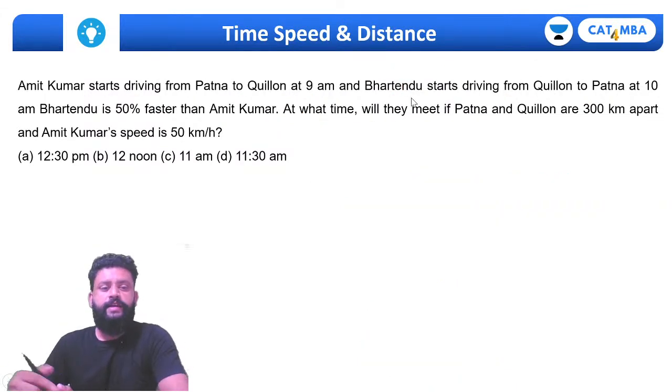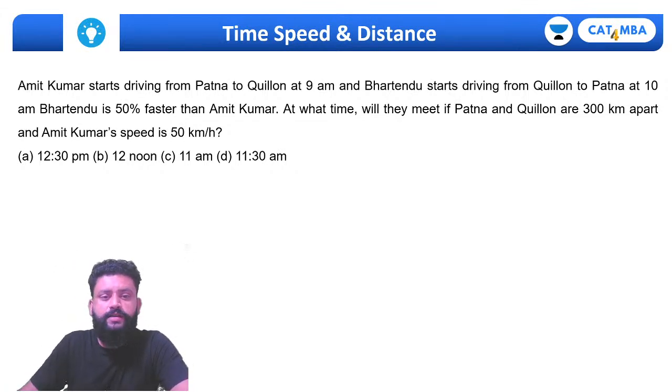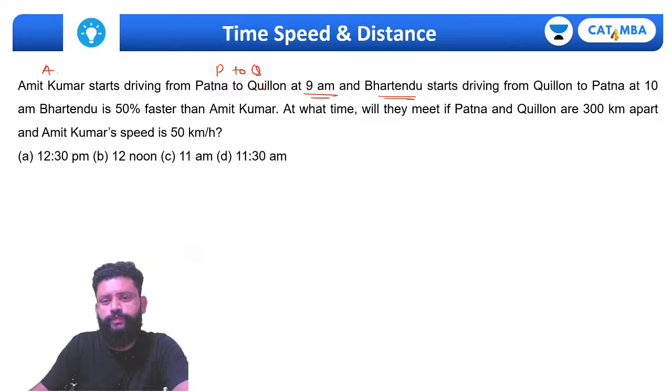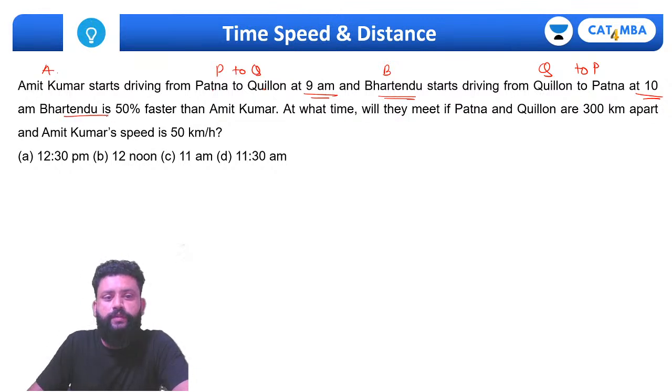Let's speed up and try to solve this question. Amit Kumar starts driving from P to Q at 9 a.m. We can call him A, who started from P to Q, and B starts at 10 a.m. from Q to P. Right?